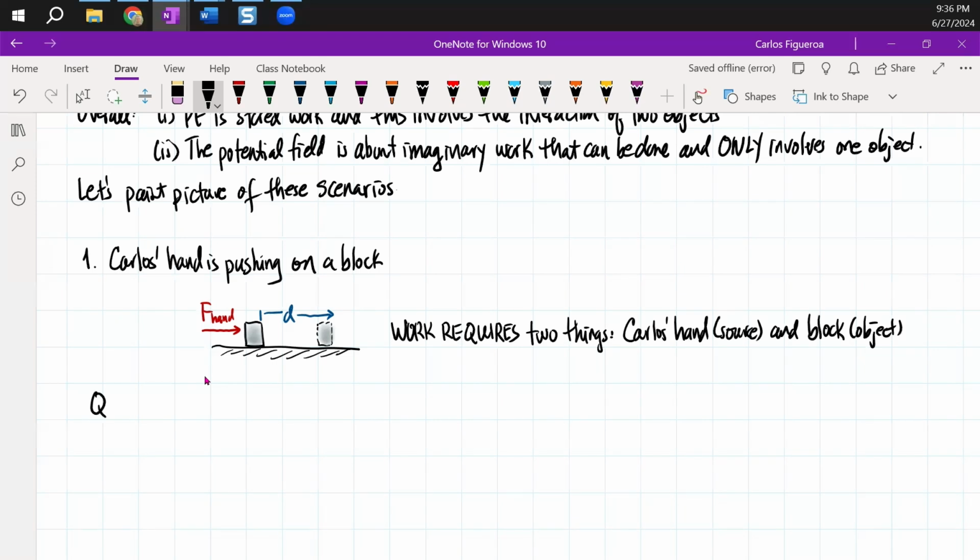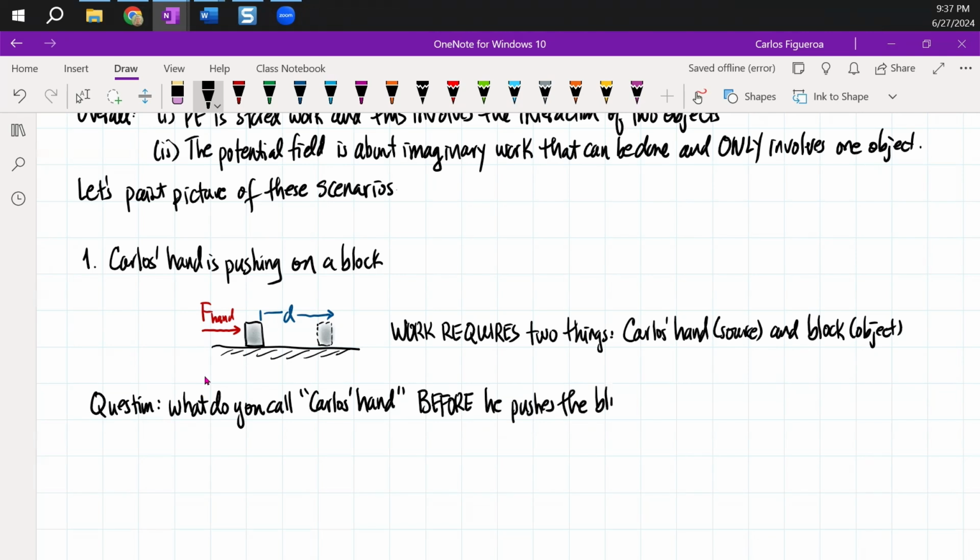Now, the question that I have now goes like this. What do you call Carlos's hand before he pushes the block?